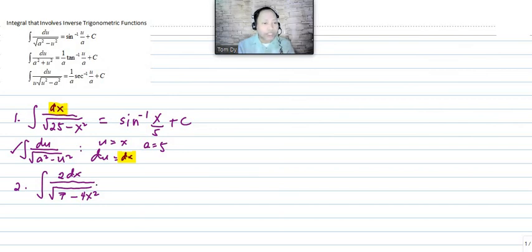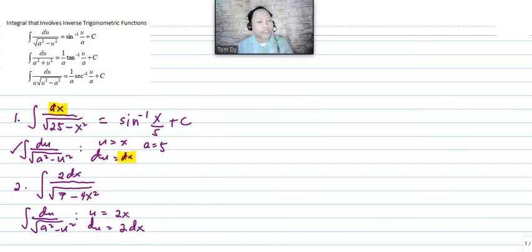Then we will check our u if we use this formula. So I will write our formula here, du over the square root of a squared minus u squared. For this case, our u equals 2x, because 2x times 2x equals 4x squared. And then our du is equivalent to 2 dx.